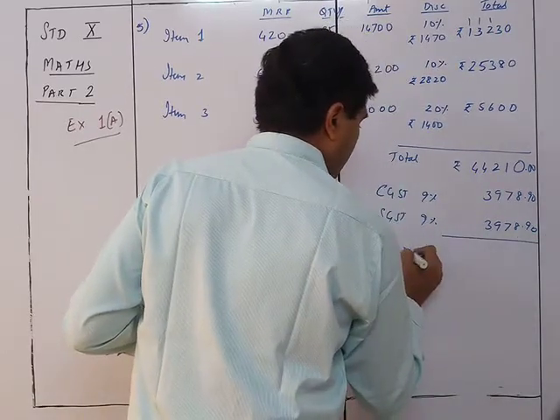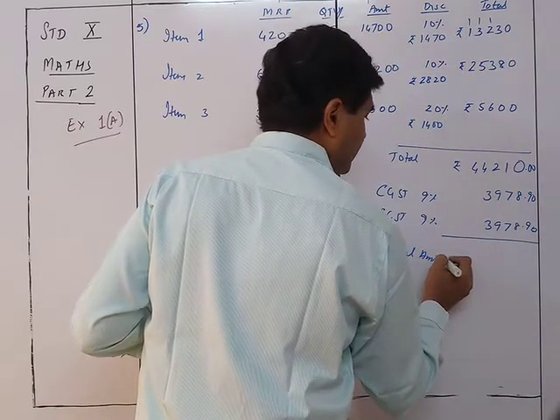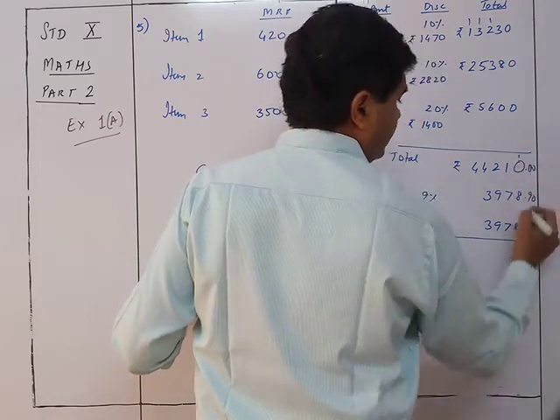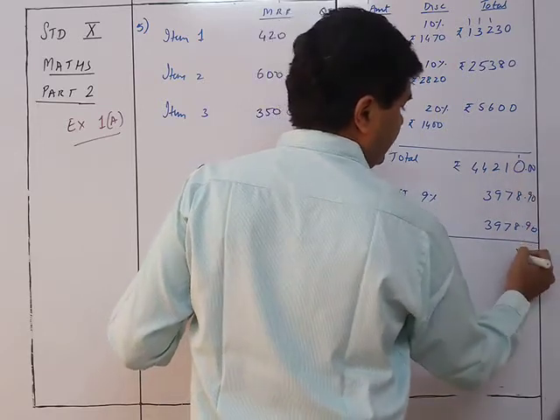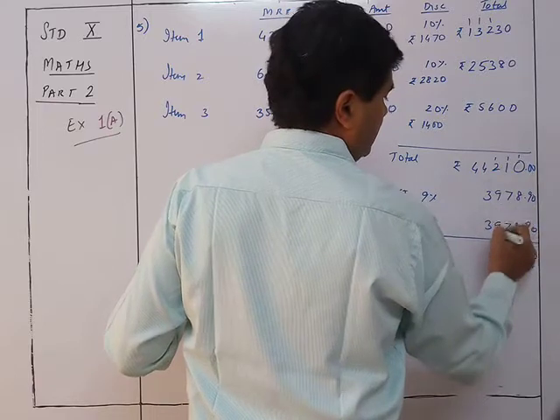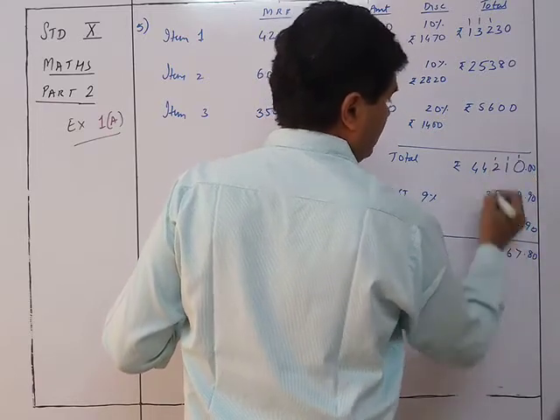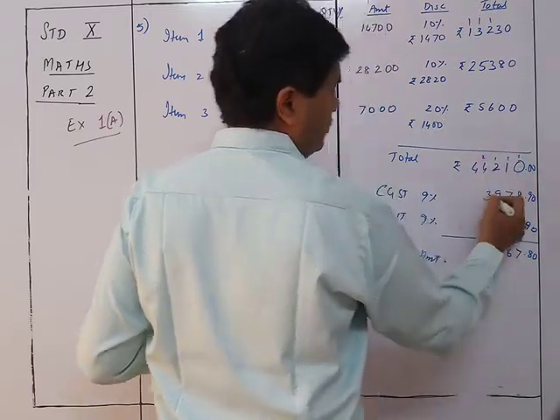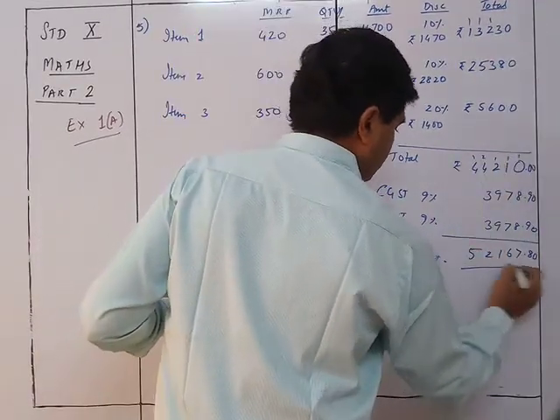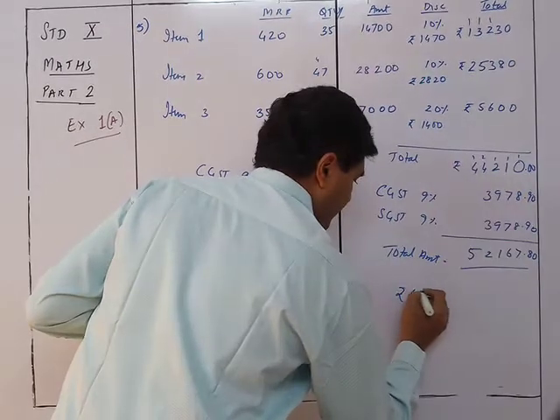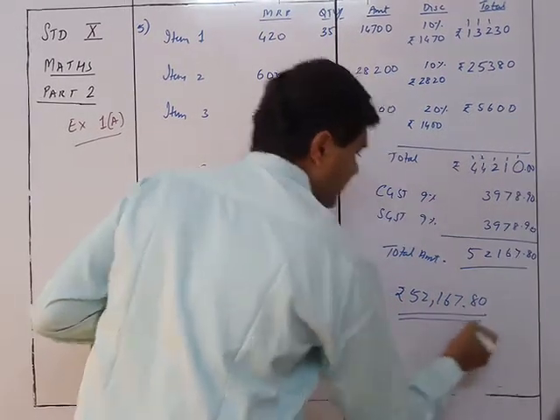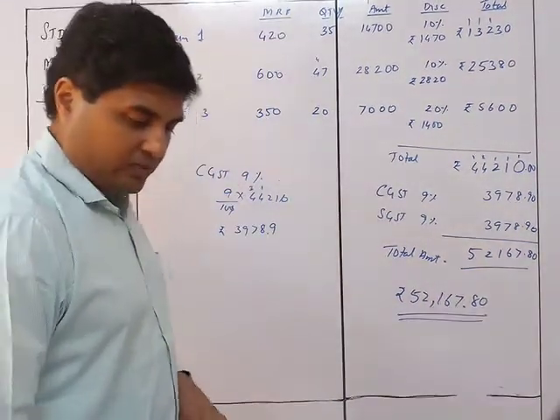So the total amount is going to be rupees 52,167.80 as the final bill value which they want over here.